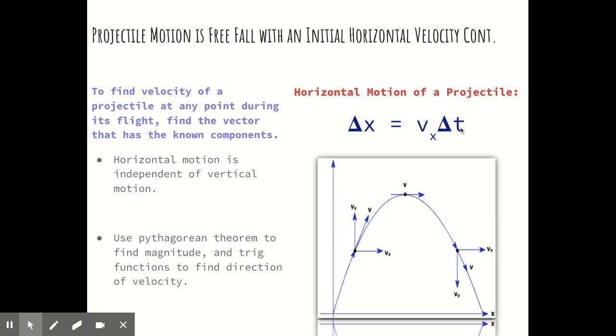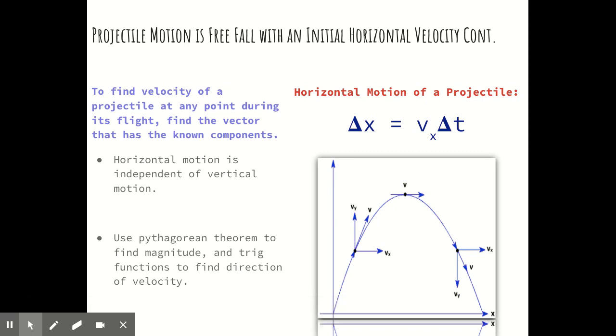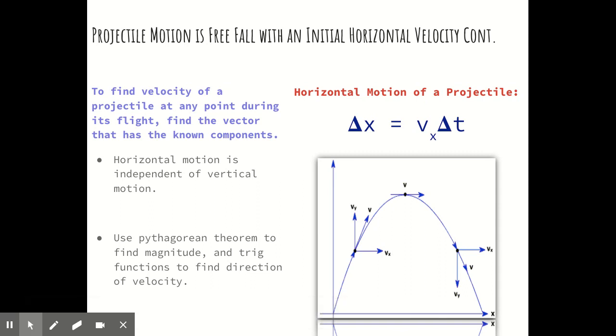To find the velocity of a projectile at any point during its flight, you need to find the vector that has the known components. Okay. So horizontal motion is going to be independent of vertical motion. You'll solve these separately. Then we know that we can use the Pythagorean theorem to find the magnitude of the line, and then trig functions to find just the direction of the velocity.